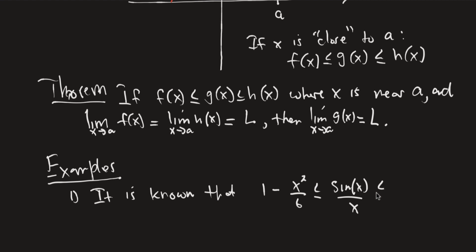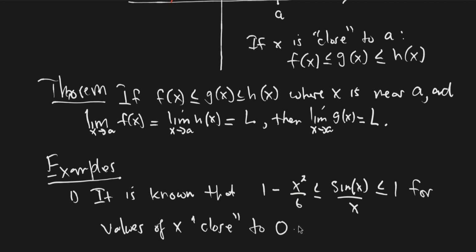right? It is known that the parabola 1 minus x squared over 6 is less than or equal to sine x over x, which is in turn less than or equal to 1 for values of x, again, I'll say close to 0, right?